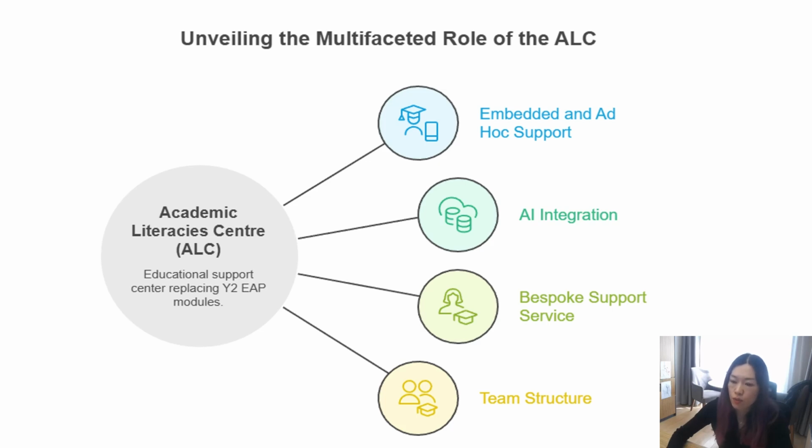The ALC objectives include providing embedded and ad hoc educational support in language and academic skills to all academic departments, and integrating educationally valuable forms of AI into students' learning, providing a bespoke support service to enhance students' attainment. The ALC is split into 12 teams, 10 teams which mirror the 10 schools academy at XJTLU, and 2 teams which work with all the PG students on an overarching basis.